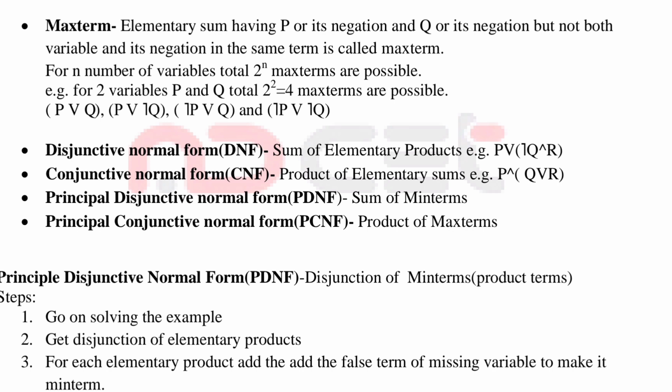Conjunction means AND is the connective between the two variables. So AND comes outside the bracket and OR goes inside the bracket. This is the conjunction normal form. Principal disjunction normal form means sum of the minterms, and principal conjunction normal form means product of the max terms.